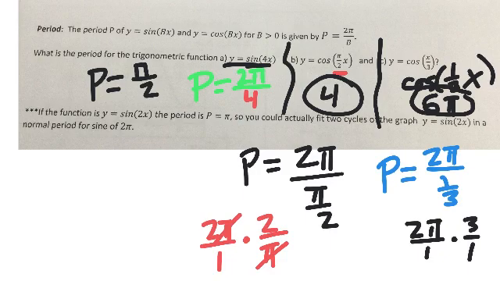If I read, it says if the function is y equals sine of 2x, the period is equal to pi. So you could actually fit 2 cycles of the graph y equals sine of 2x in a normal period of 2 pi. If this is my normal sine wave, that's 1 full period, 1 revolution. When I change it to a period of pi, then halfway through it's going to have already finished 1 cycle.